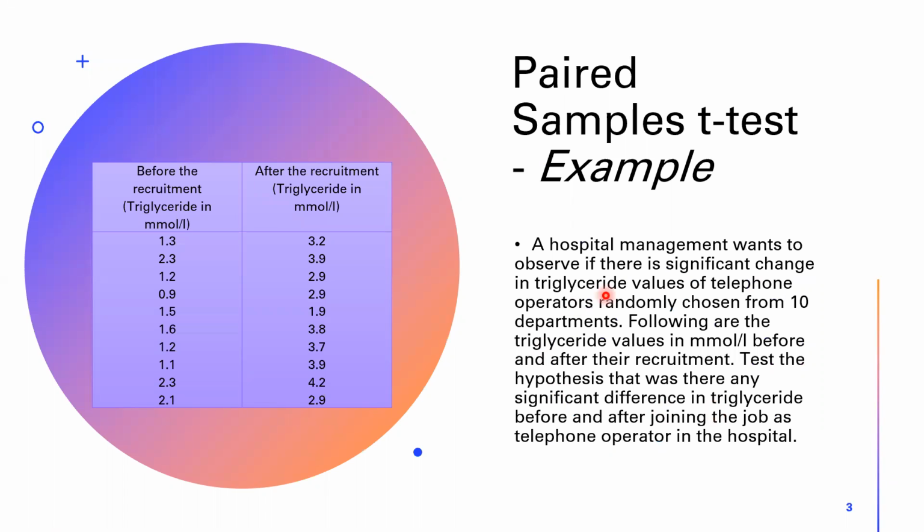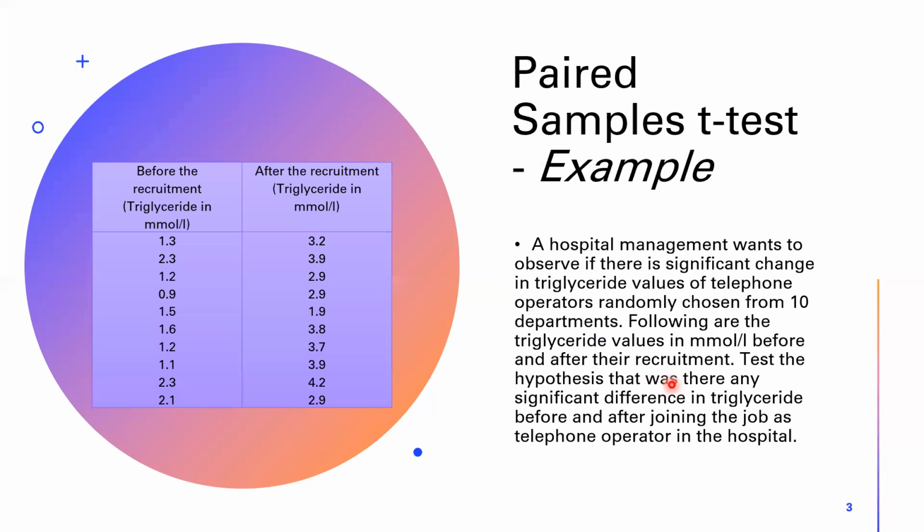So the students are the same while the observations are two for them. We will discuss an example for the application of the paired sample t-test using SPSS. For example, a hospital management wants to observe if there is a significant change in the triglyceride values of telephone operators randomly chosen from 10 departments. These are the triglyceride values in millimole per liter before and after their recruitment.